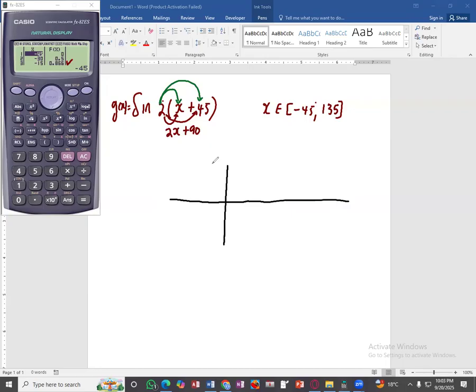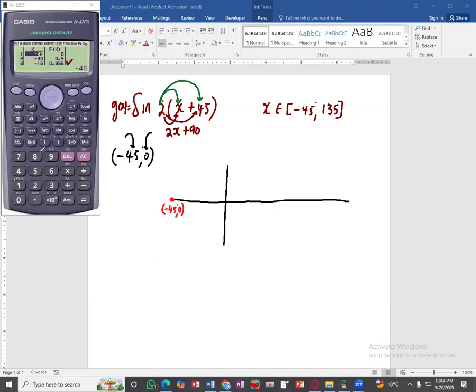Because the y value is 0. My minus 45 and 0 simply means that x is minus 45 and y is 0, which is the x-intercept. So I have to show this point very well on the graph. Actually, the intercepts, you must show them. This is minus 45 and 0.